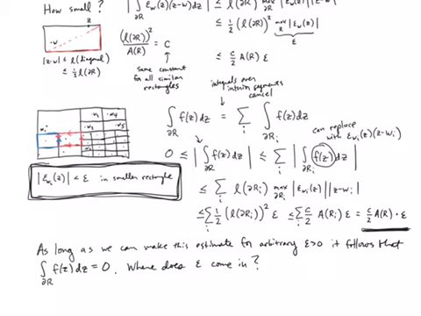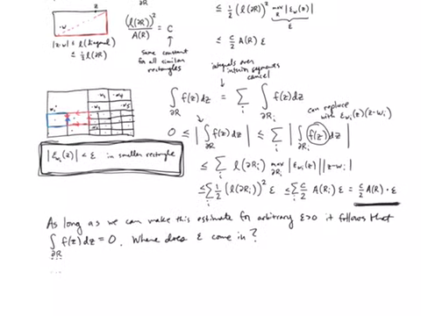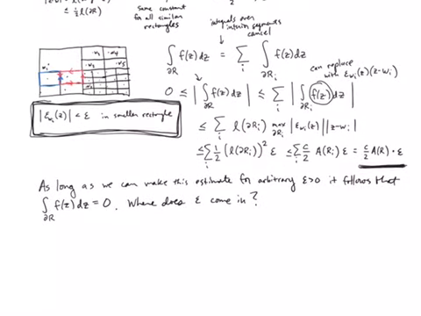Because then we can push this estimate through for arbitrary epsilon, and it follows that the integral around the whole rectangle has to be equal to 0.